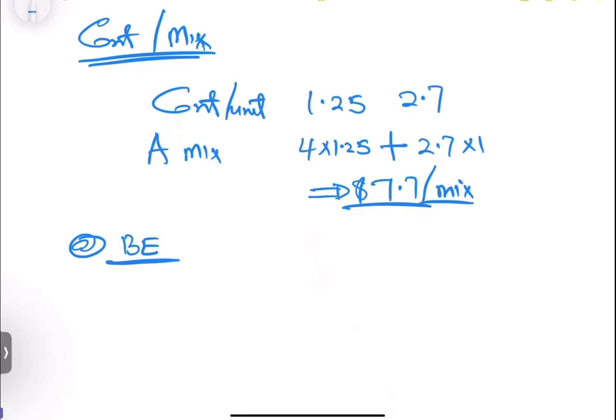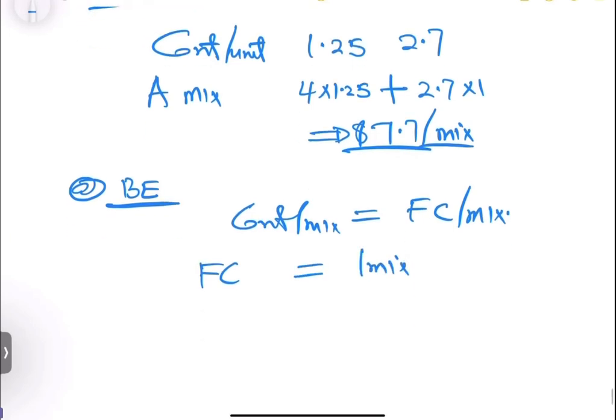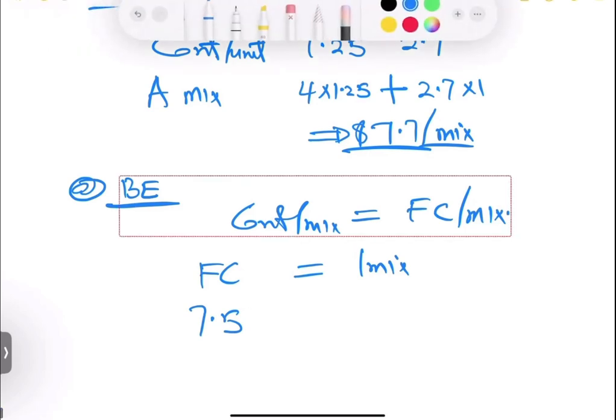So the contribution per mix will be the same thing as the fixed cost per mix. In that case, our fixed cost for 1 mix is equal to 7.7. So we expect the fixed cost for 1 mix to be 7.7.